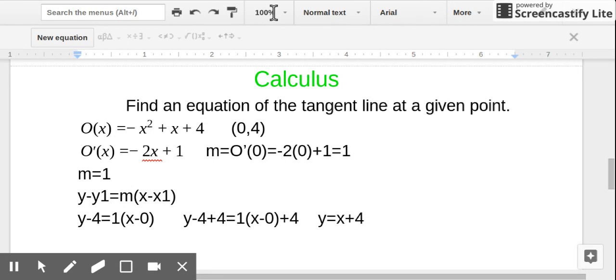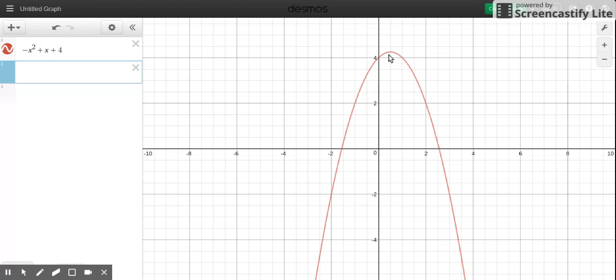Let's go to the graph. So here's our graph, negative x squared plus x plus 4. And this was the point right here, 0, 4, that we're going to find the tangent line that passes through that point. I've already forgotten what it is.